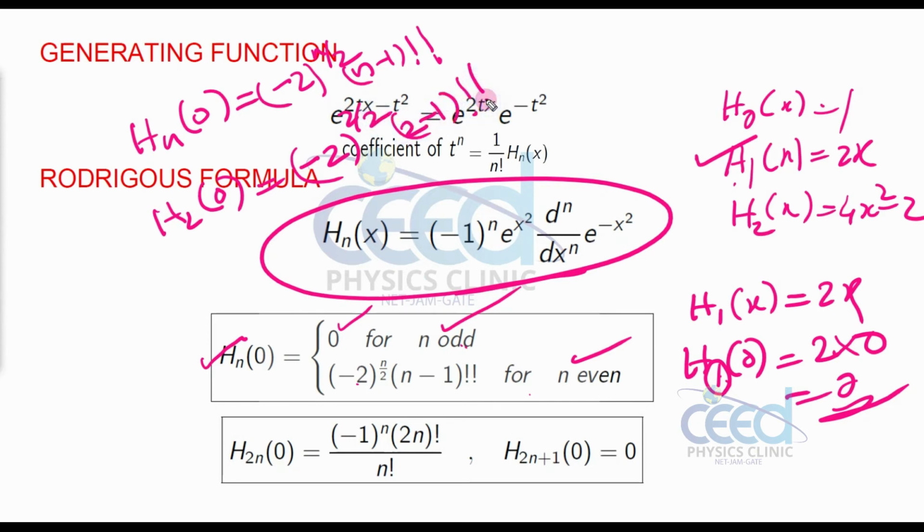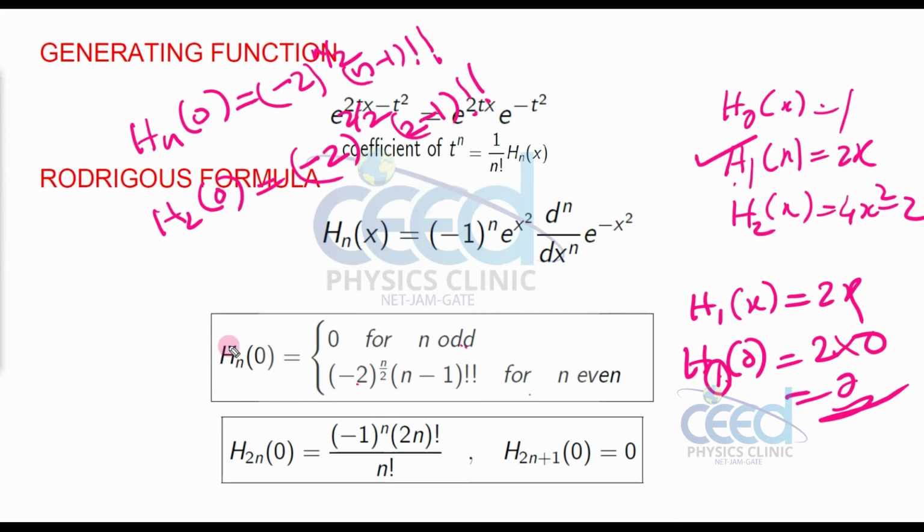We can write this as minus 2 raised to 1, that is minus 2 into 1, right? So h2 of 0 is equal to minus 2. If you substitute x is equal to 0 here, this part will be 0, so h2 of 0 is equal to minus 2. So this is a correct formula.